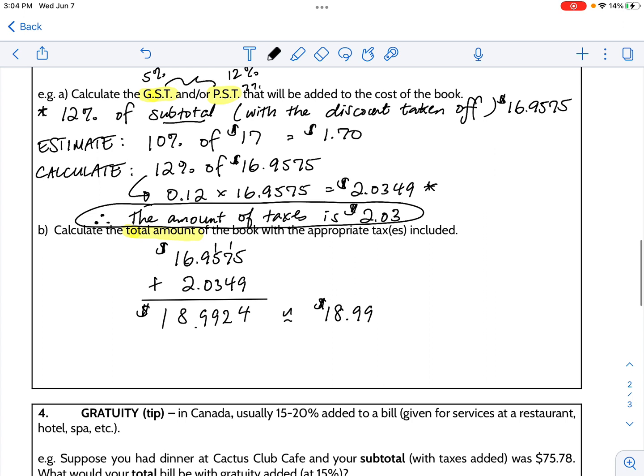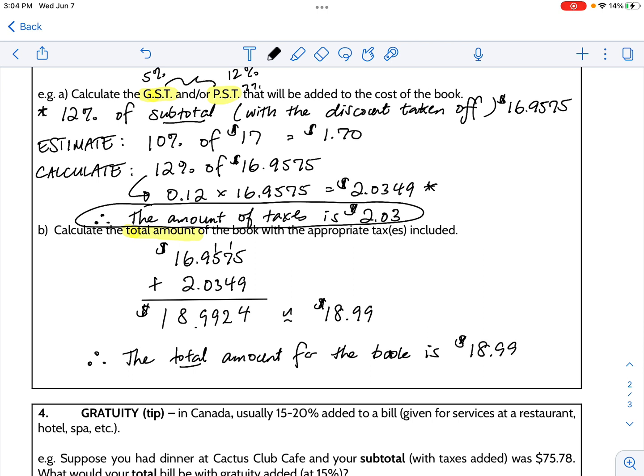So therefore, the total amount of the book with the discount taken off and with the taxes added is $18.99.